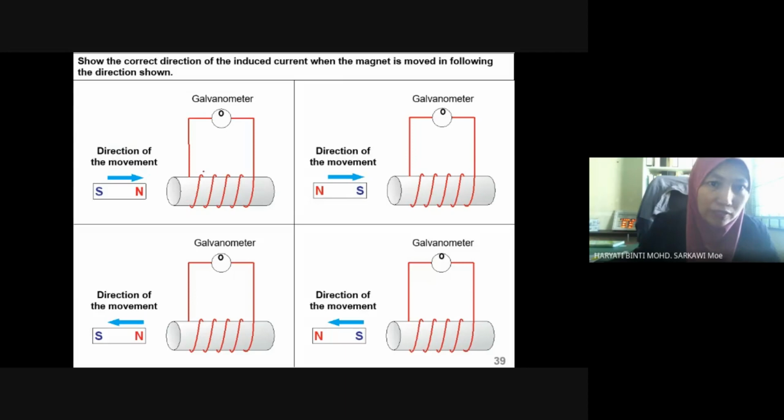So can you guess for this diagram, which direction will the galvanometer pointer deflect? Alright, so we discuss. The magnet is pushed in, so here north, push in. They don't want to allow the magnet to go in, so it must produce the same pole here. Alright, so this is north. Use your right hand grip rule.